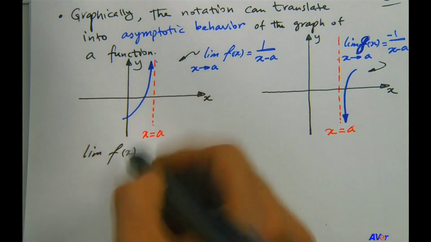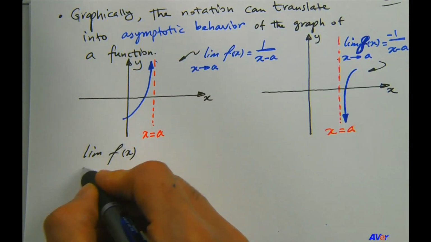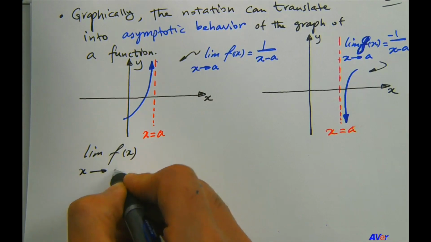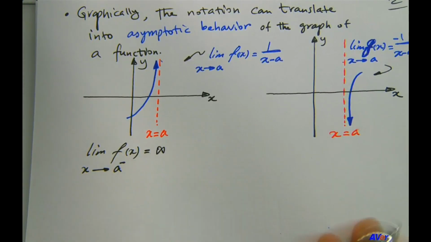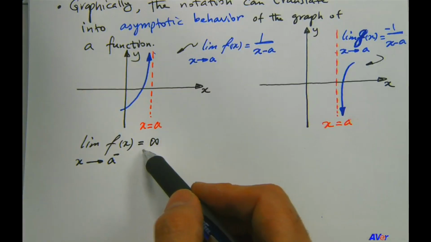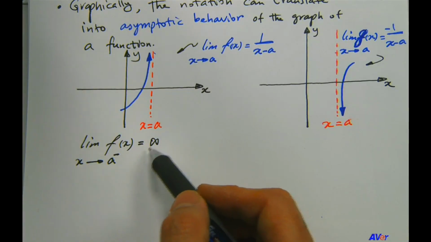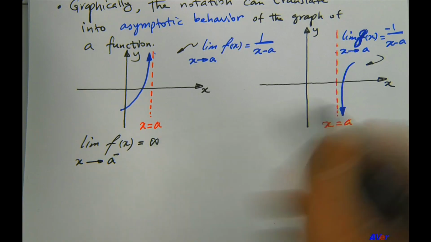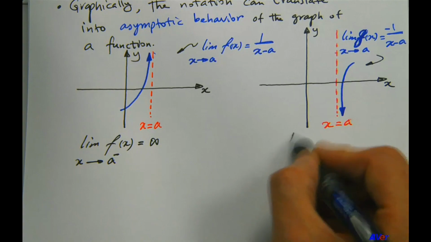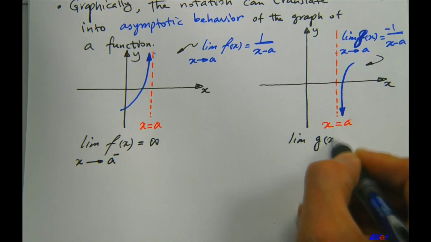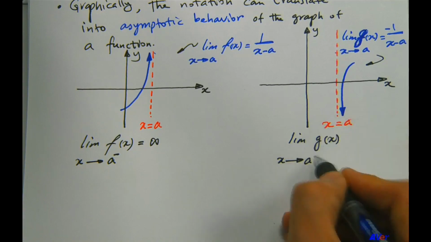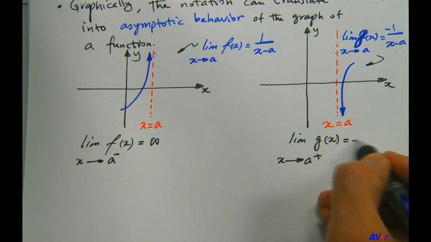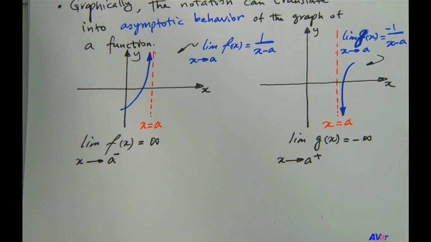Okay, so limit of f of x as x approaches a from the left is equal to infinity. Again, this is just a way of showing with a symbol what's going on, that the limit does not exist, right? And then, of course, on this side, limit of g of x as x approaches a from the right side, right, is equal to minus infinity.